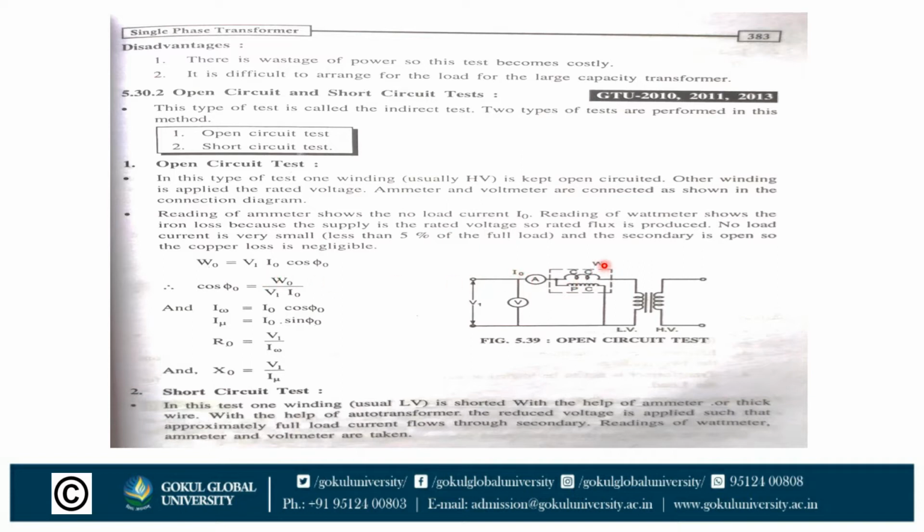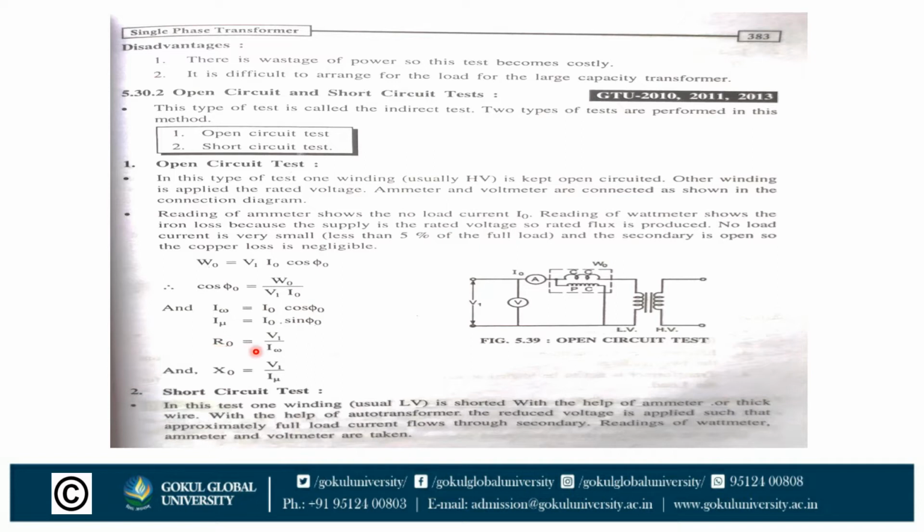So W0 is equal to V1 I0 cos phi 0. So power factor cos phi 0 is equal to W0 divided by V1 into I0. Now I0 has two components, working component and magnetizing component. So Iw is equal to I0 cos phi 0 and I mu is equal to I0 sin phi 0.